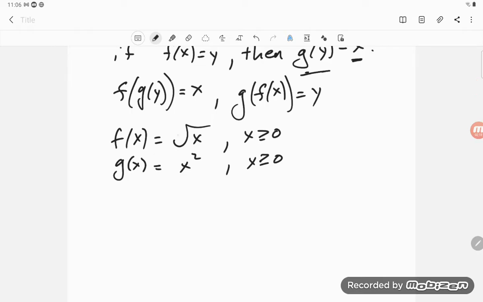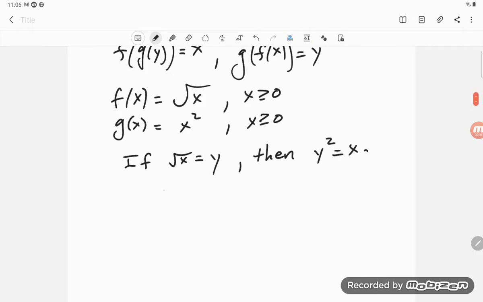One way to talk about that is, if the square root of x is equal to y, then y squared is equal to x. You can try that with some numbers: if the square root of 4 is equal to 2, then 2 squared is equal to 4.